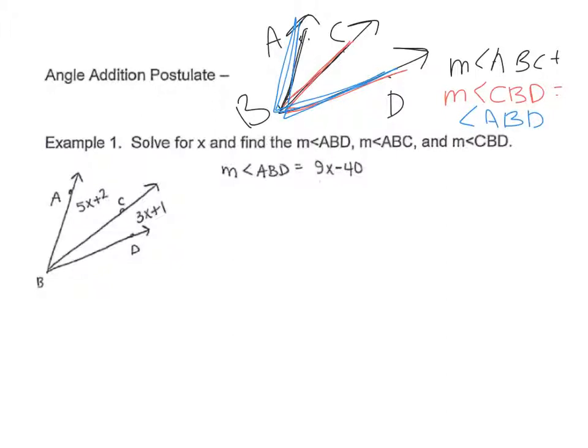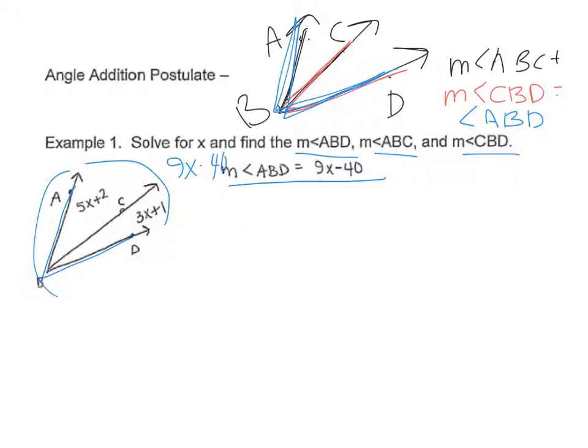Okay? So example 1 says solve for x, find the measure of angle, basically find the measure of all three of these angles right here. Given that this whole thing ABD is 9x minus 40, I'm going to write that in my diagram.